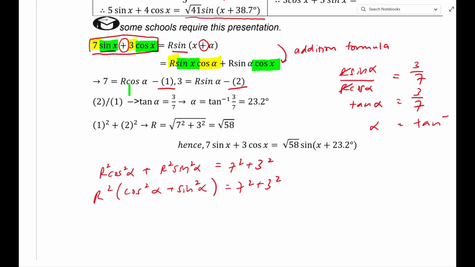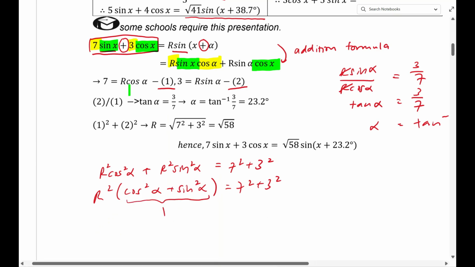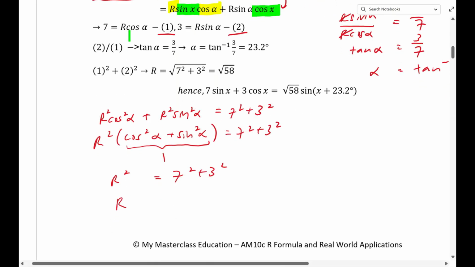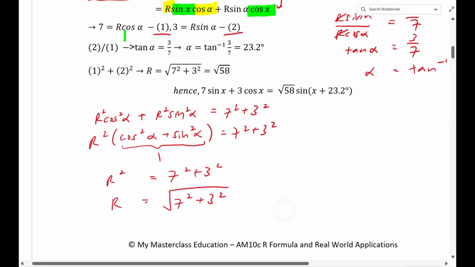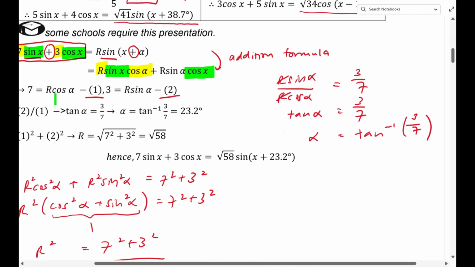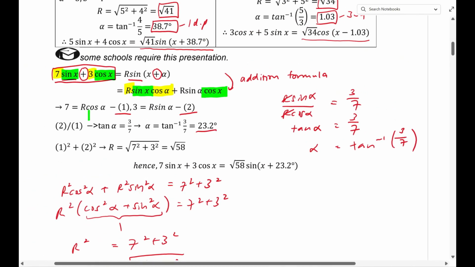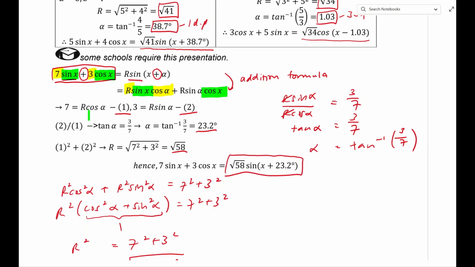Now if you recall from your trigo identities, cosine square plus sine square equals 1. That's why you're left with r square equals 7 square plus 3 square. Therefore, you get your r value by square rooting the sum of a square plus b square. So this is your basic angle, and this is your r value. Now subbing it in, you'll get your final answer of root 58 sine x plus 23.2 degrees.